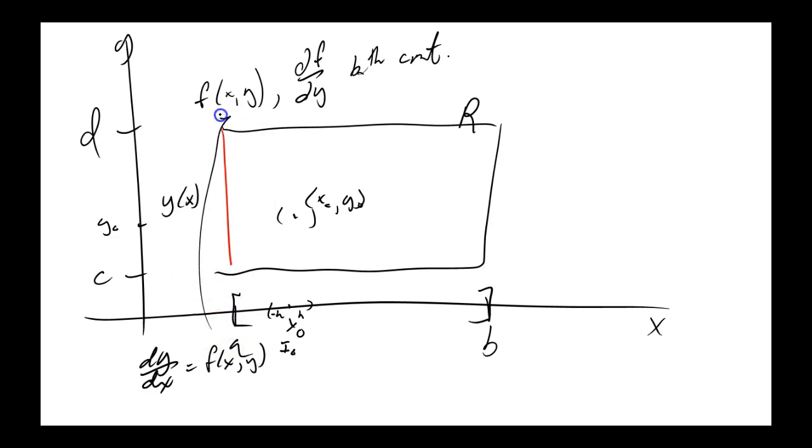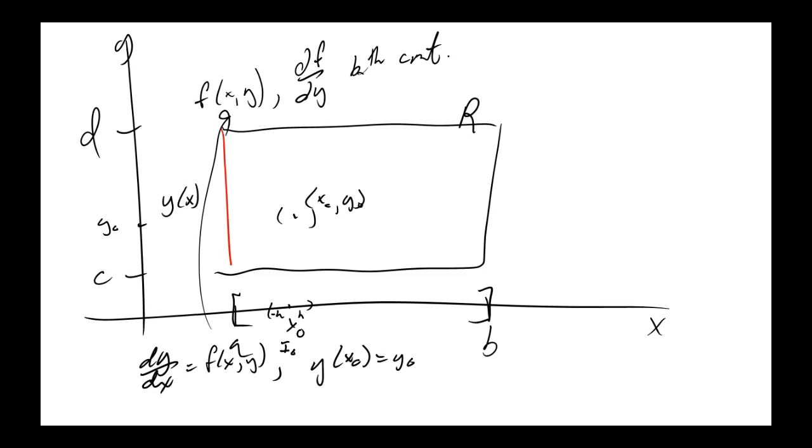This is the same f as we have here, and the partial of f with respect to y, both have to be continuous. And that differential equation with the initial value of y of x0 equal y0. So basically, it just says it exists.